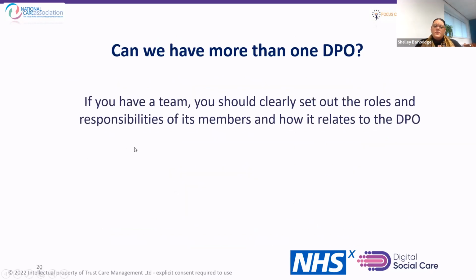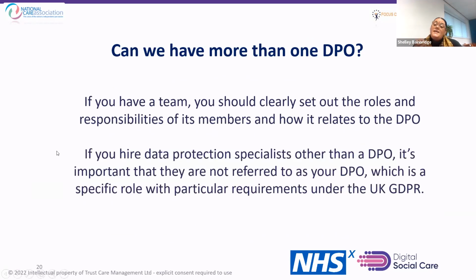So, can we have more than one DPO, again? If you have a team, you should clearly set out the roles and responsibilities of its members and how it relates to the DPO. If you hire data protection specialists other than a DPO, it's important that they are not referred to as your DPO, which is a specific role with particular requirements under the UK GDPR. So again, just to reiterate that, you can have a team of people.